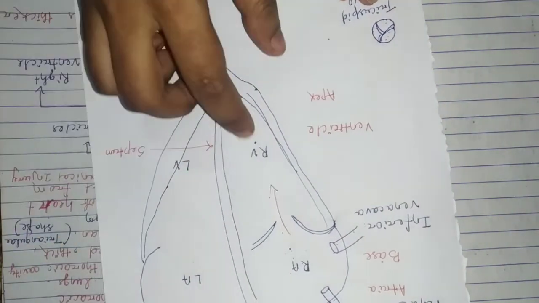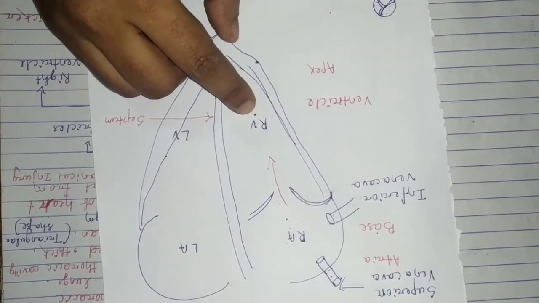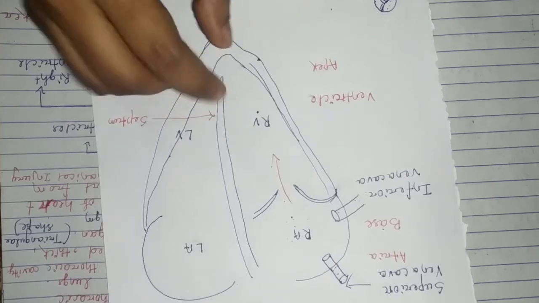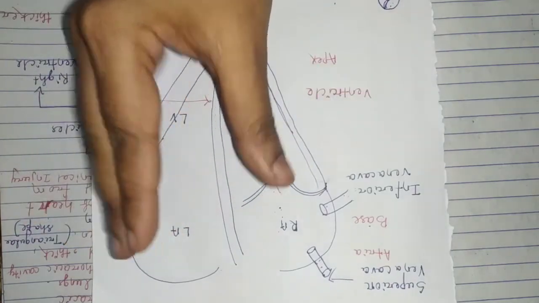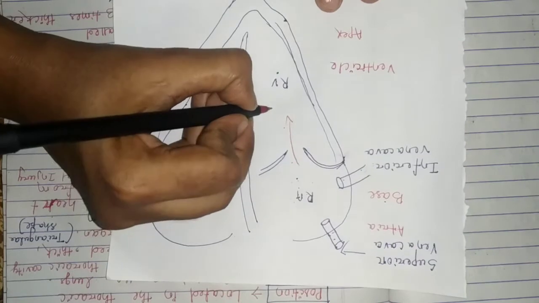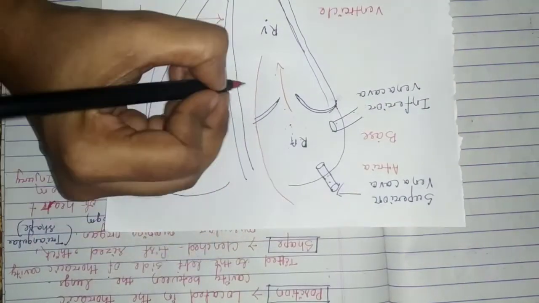Now from the right ventricle, the blood will enter into the lungs. The right ventricle will pump the blood towards the lungs, that means it has to contract again.